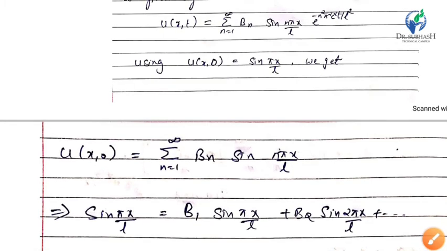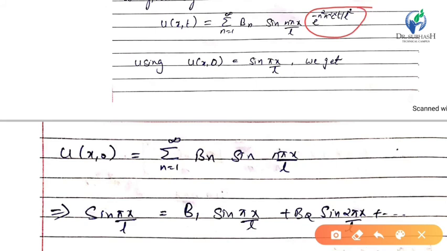So when I take t equal to 0, this whole exponential term will get converted to 1, since e raised to 0 is 1. So our final function is u of x,0 equal to only bn and the sine term.